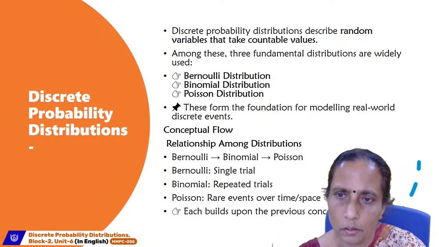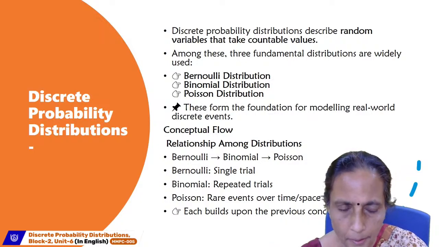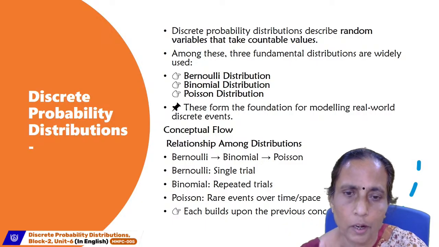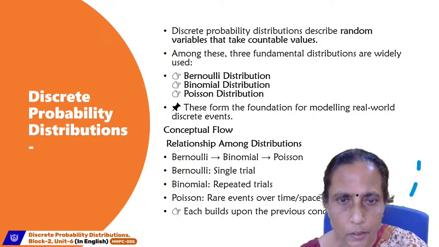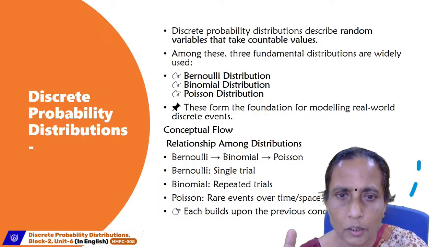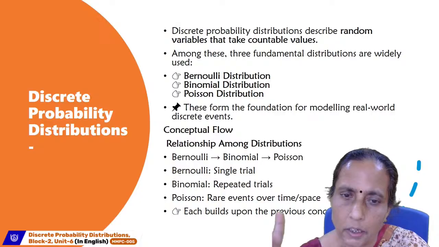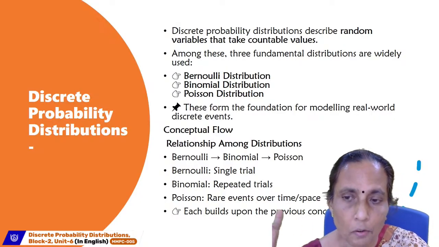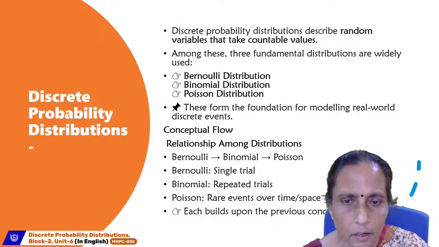Among these, three fundamental distributions are widely used: Bernoulli, binomial, and Poisson. We will discuss these three in detail along with their expectation and variance. These form the foundation for modeling real-world discrete events.